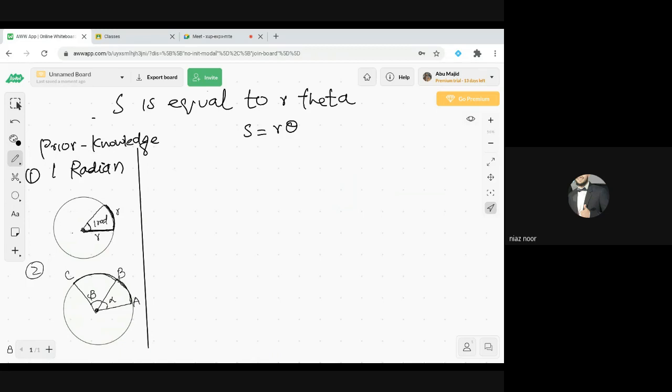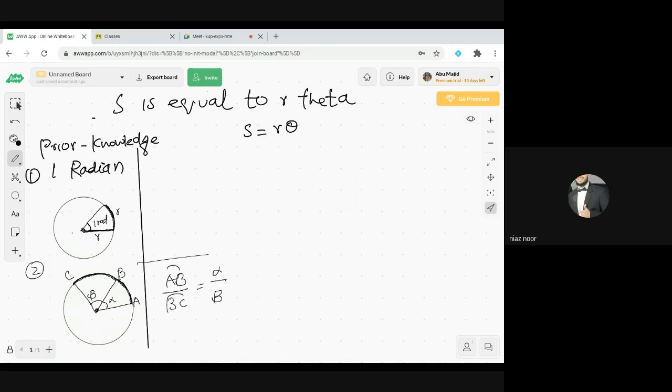There's a theorem that says that the ratio between the arcs, let's say AB divided by BC, the ratio between the arc lengths, is always equal to the ratio between the angles subtended by those arcs.